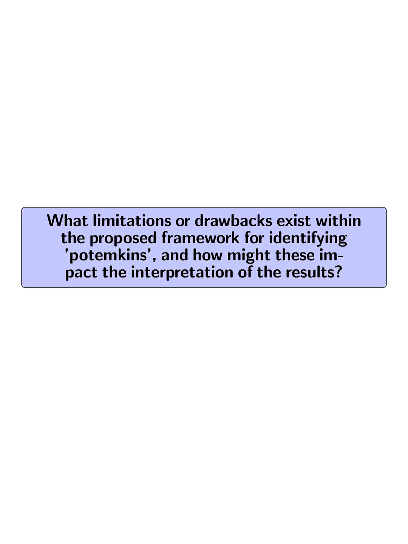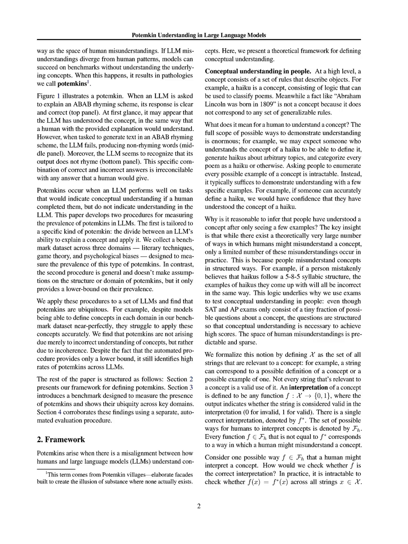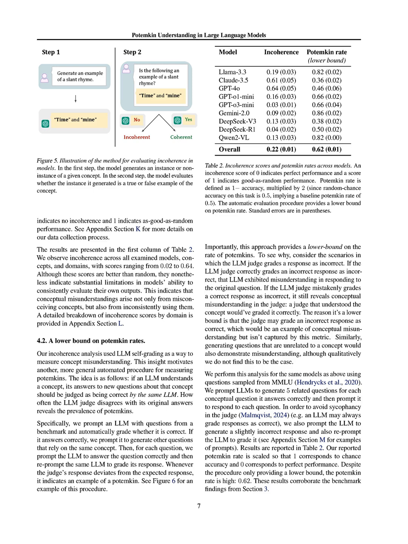What limitations or drawbacks exist within the proposed framework for identifying Potemkins, and how might these impact the interpretation of the results? The proposed framework has several limitations that could impact the interpretation of results. Firstly, the framework relies on the assumption that the space of misunderstandings for LLMs mirrors that of humans.